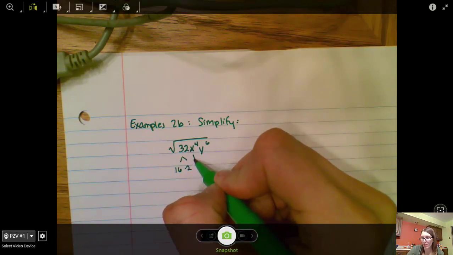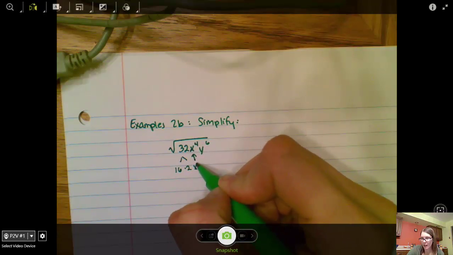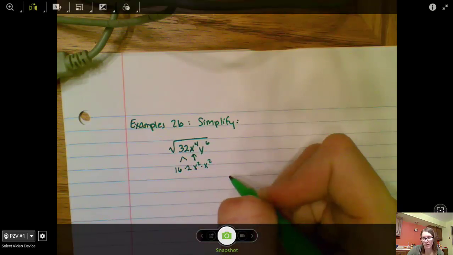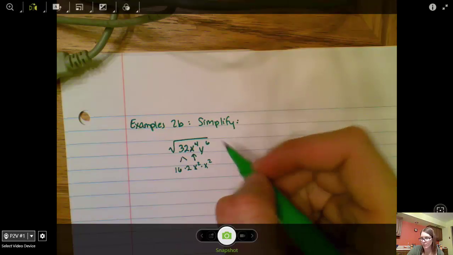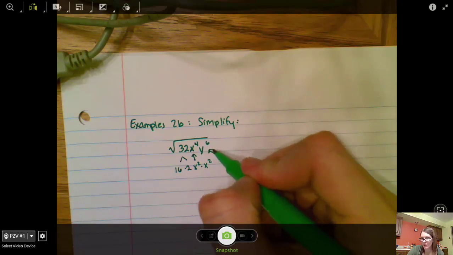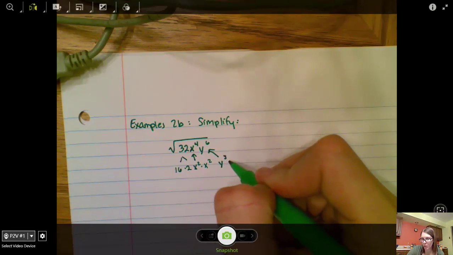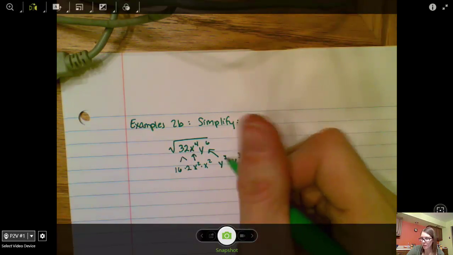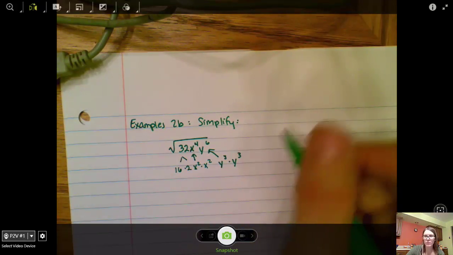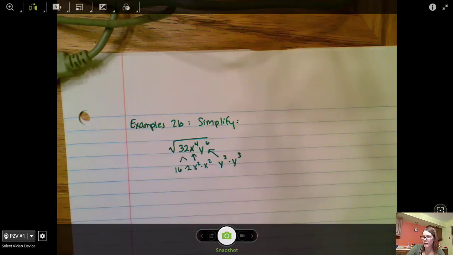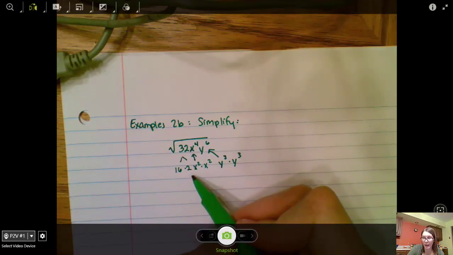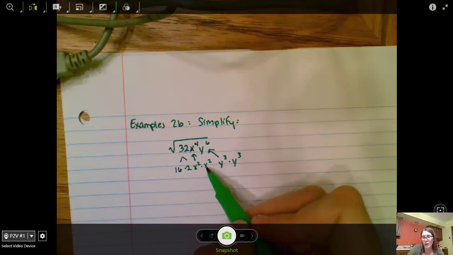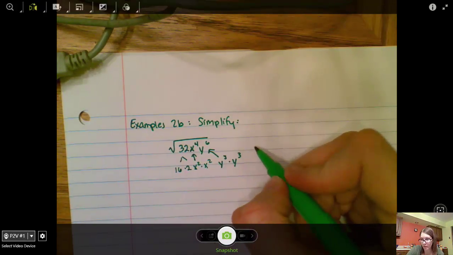X to the 4th is x squared times x squared. Y to the 6th is y cubed times y cubed. So with both of these, I have an x squared twice. The square root of x squared times x squared would be x squared.